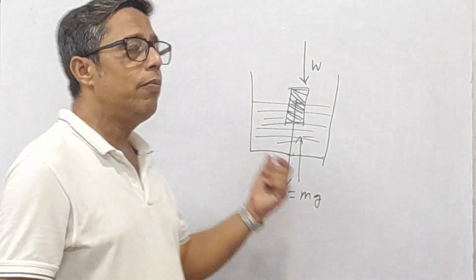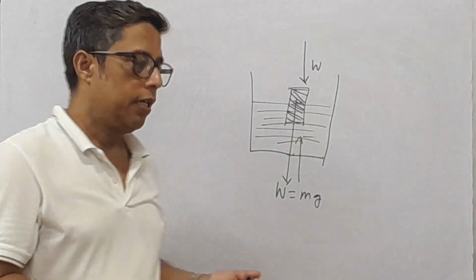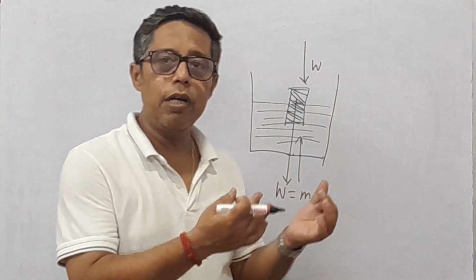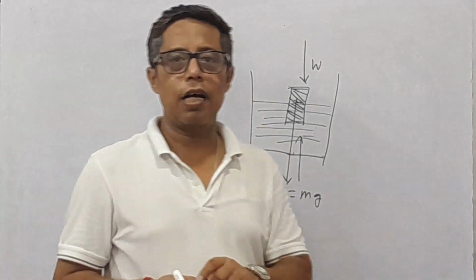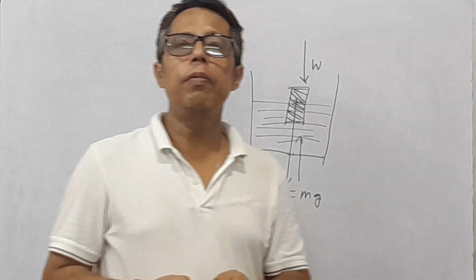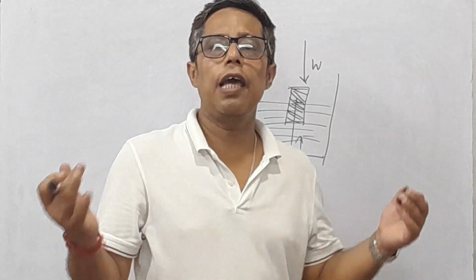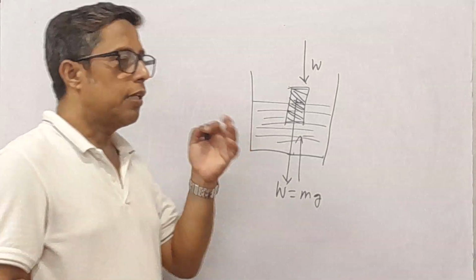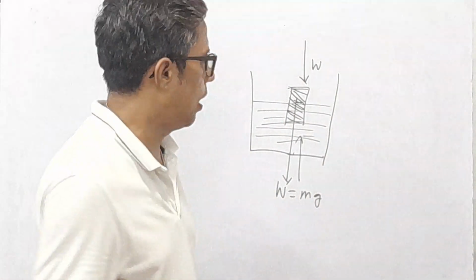This is inbuilt; the upthrust comes from the fluid itself. This upthrust occurs both in liquid and also in air, right? The same happens for a parachute. Whenever a parachute is coming down, you receive some kind of upward force from the air. So this upthrust force is valid for both liquid and air.